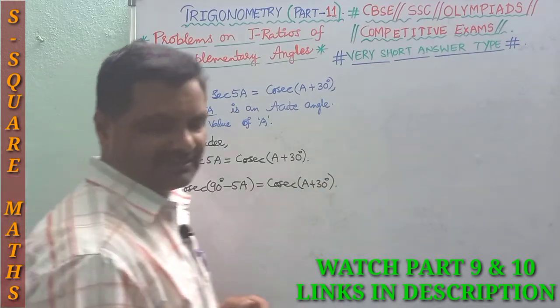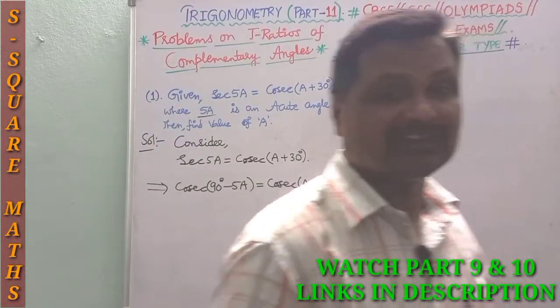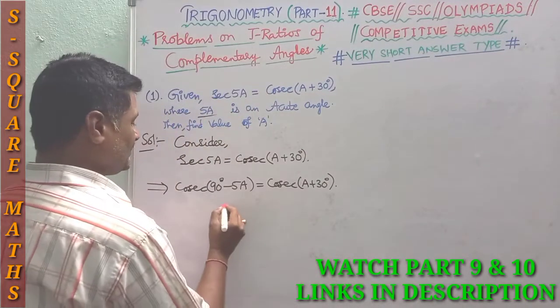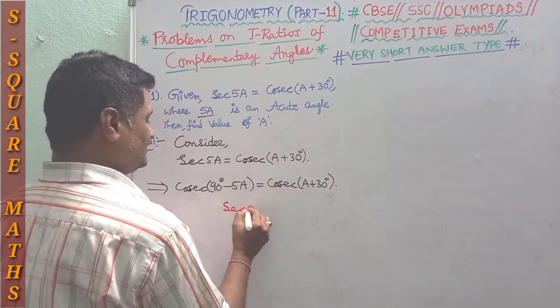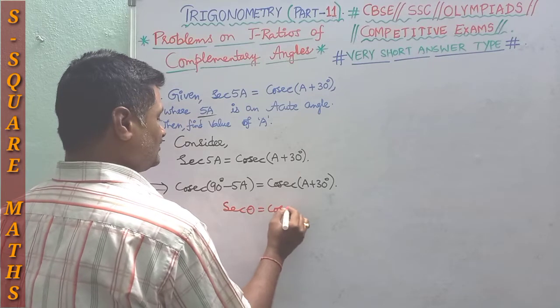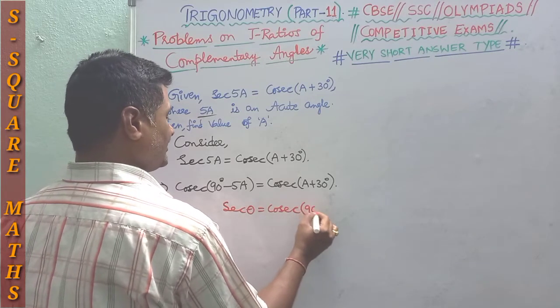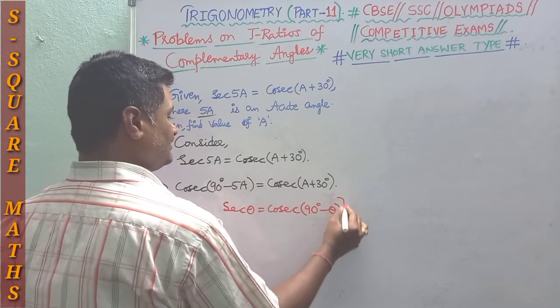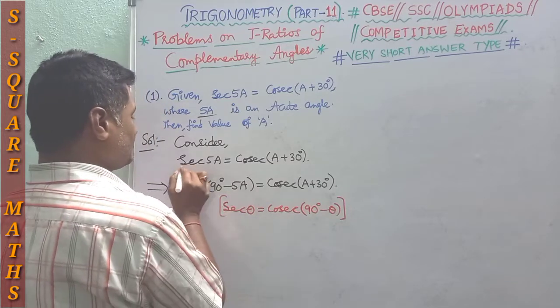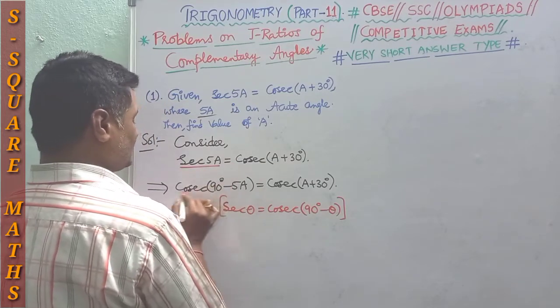Why so? Nothing but we know very well that sec theta is cosec of 90 minus theta. This is the formula we applied. Just in the place of sec, I have written this one.